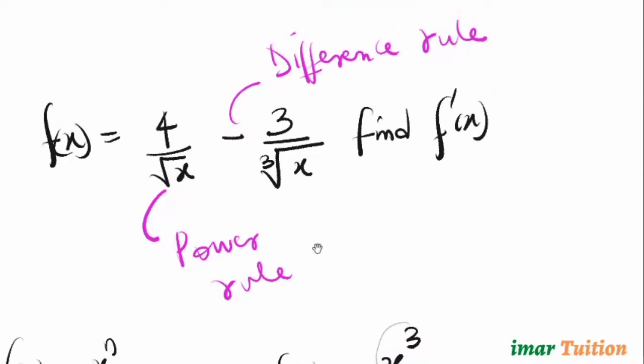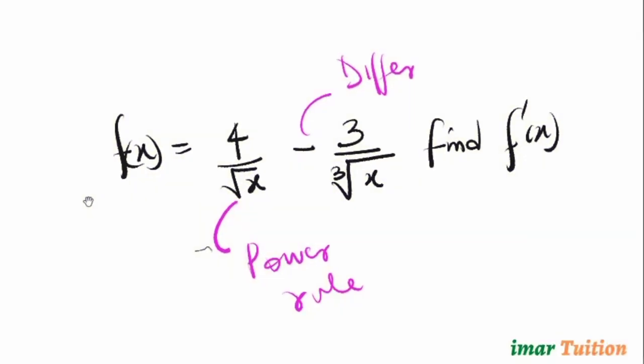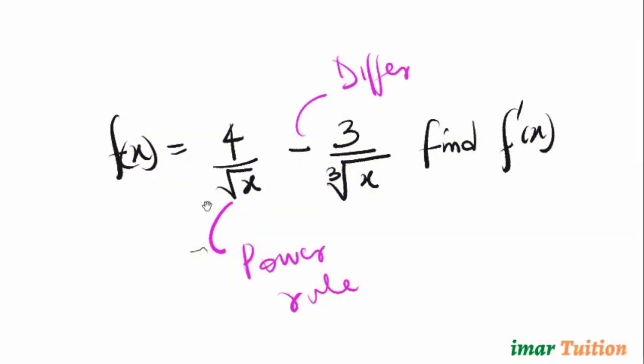So to round off this video, let us go ahead and solve this using the power rule for integer powers and variable powers, and using the difference rule as well. Before we take the derivative, we need to remove the square root sign.